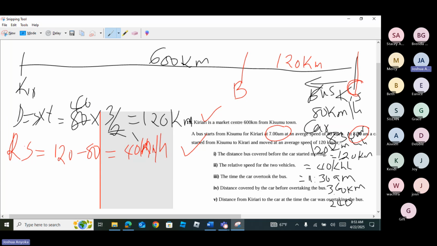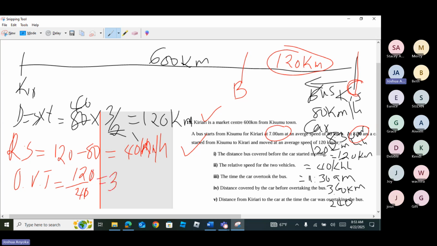The time the car overtook the bus: the distance between the two is 120 kilometers. So overtaking time is equal to the distance between the two, 120, over relative speed, 40. This gives us 3 hours. Time the car overtook the bus, they started moving at 8:30.